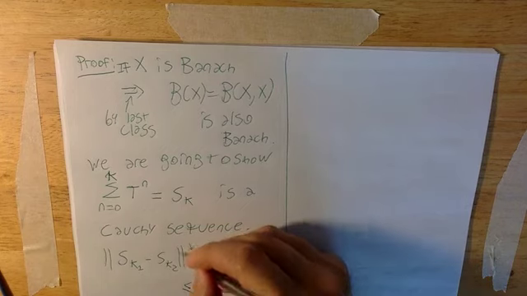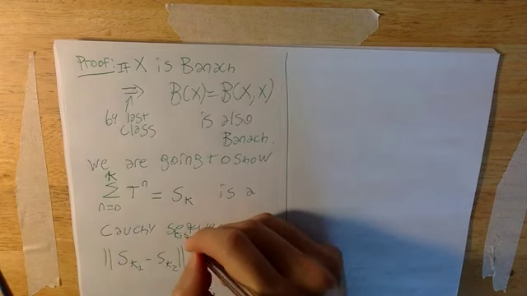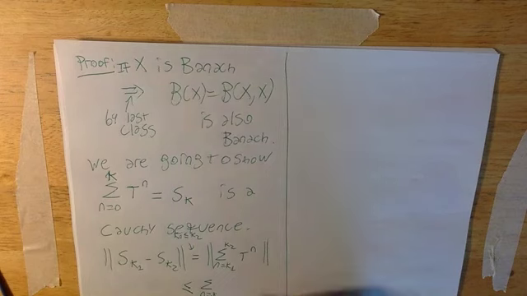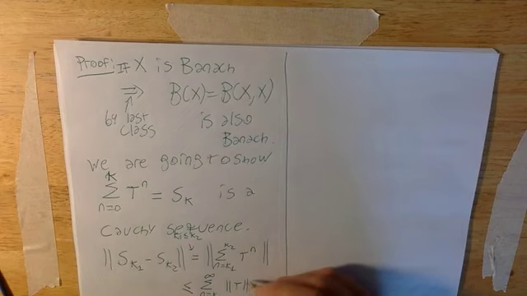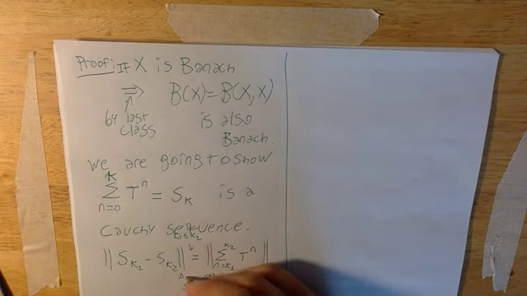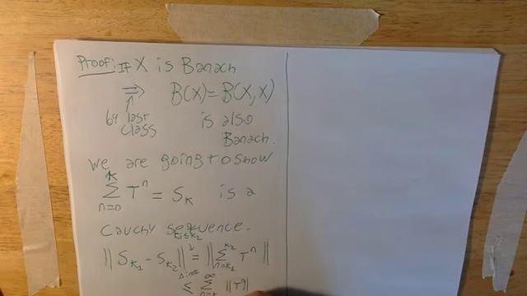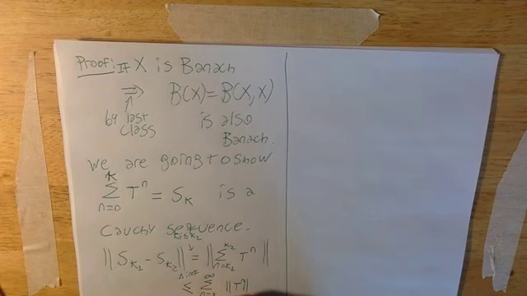Here I'm assuming k1 less than k2 without loss of generality, and I've used the triangle inequality. And this in turn, by last class, is less or equal, since the norm of T to the n is less or equal than the norm of T to the n.